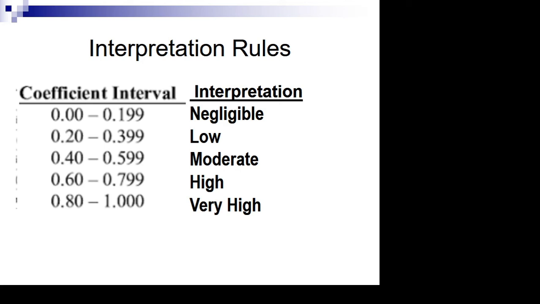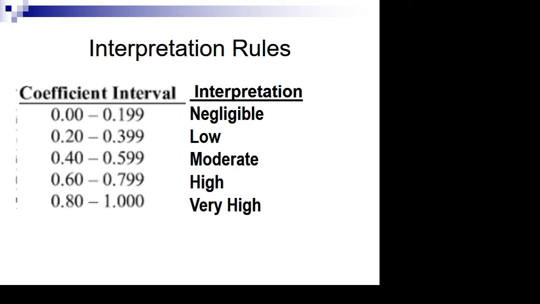I'm sure you still recollect the previous class on statistics, particularly the class on correlation coefficients and how to interpret them. If you look at the screen, when the coefficient is between 0.0 and 0.19, we call it a negligible relationship. 0.0 means no relationship.